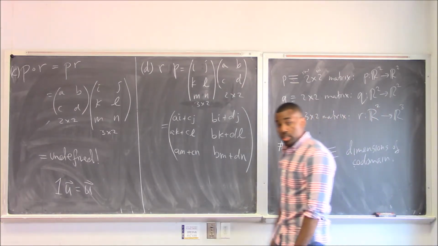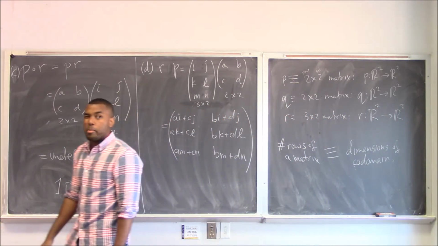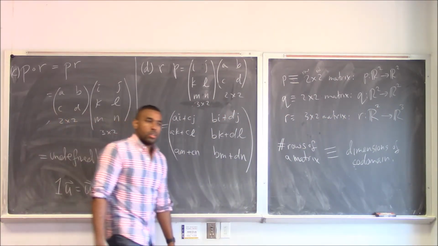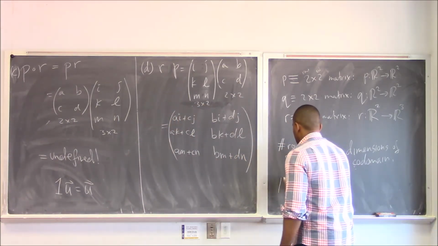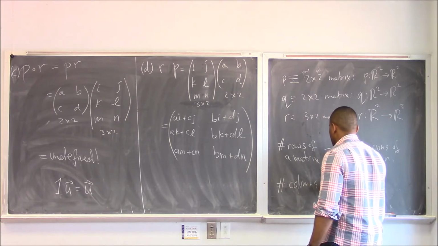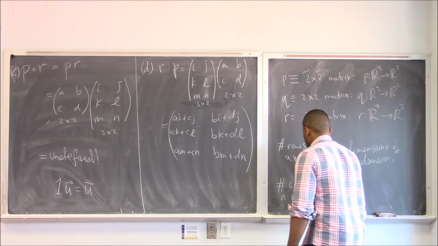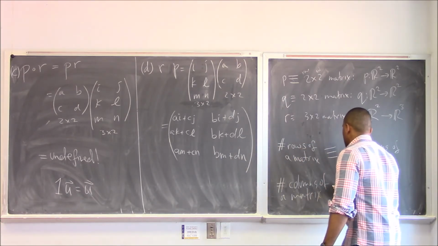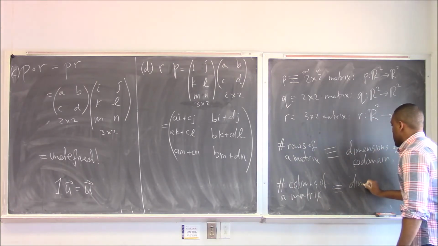The number of rows in a matrix is equivalent to the dimensions of the codomain. The number of columns is equivalent to the dimensions of the domain.